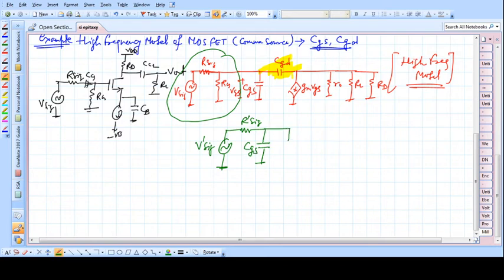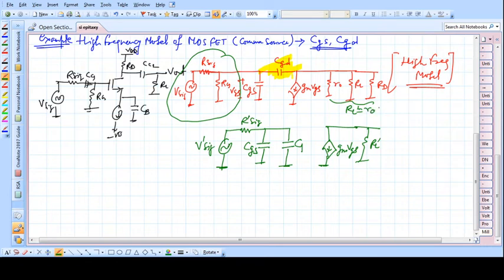So one impedance will come, that is our C1, and another impedance will come, and for this one, say this is RL dash.